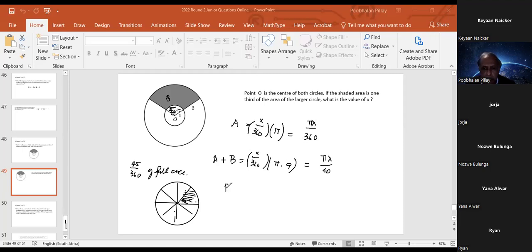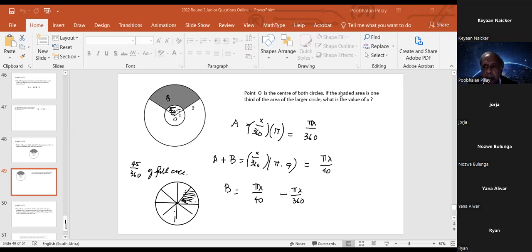So therefore, we can calculate B. A plus B. Right? When you add B and A together, you get this. So all you have to do is to take B away from A plus B, take it away from there. And that will give you the area of B.